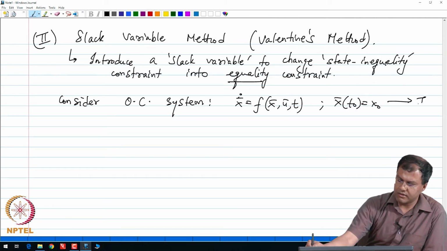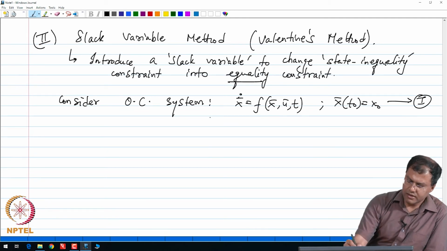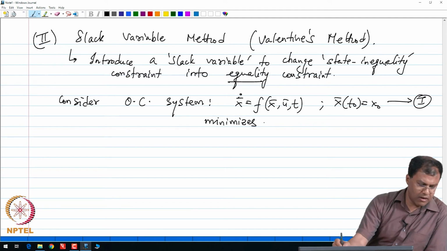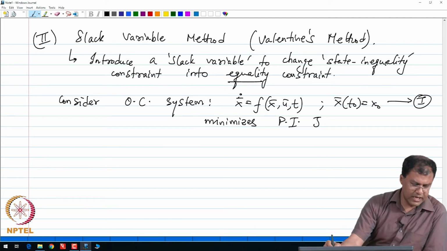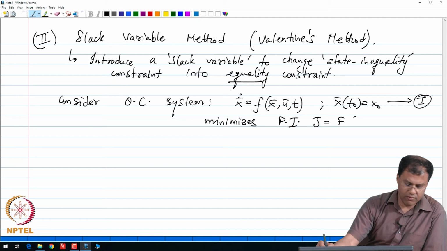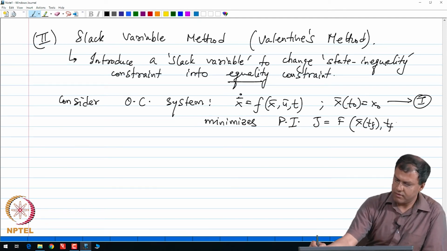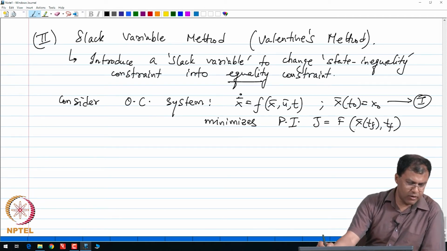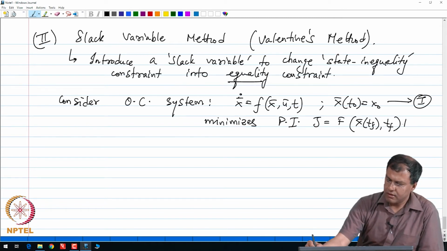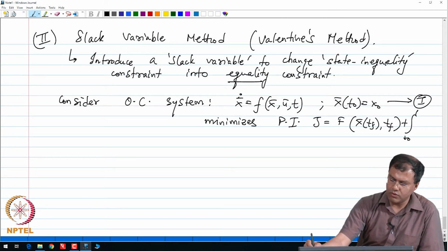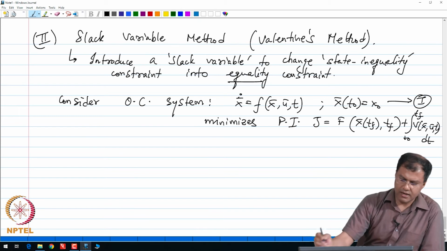Let me call this setup 1, my plant condition, which minimizes our performance index J, which is F of x of T f comma T f. This is typically going to be our cost function, plus an integral term from T 0 to T f of V of x bar comma u bar comma t dt, right.